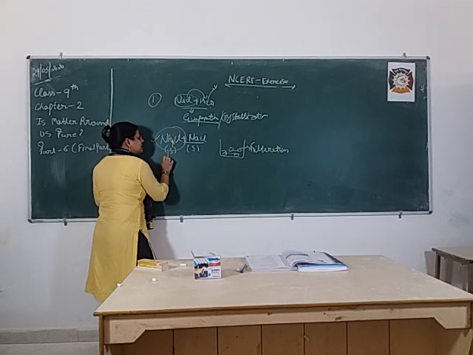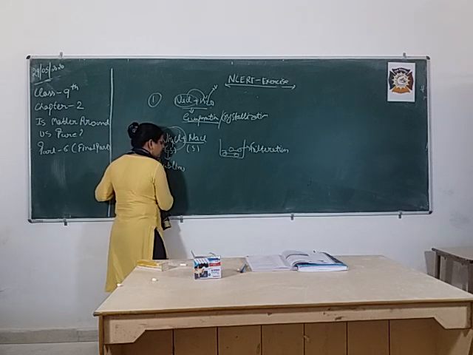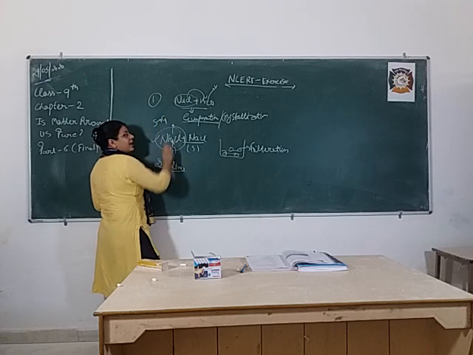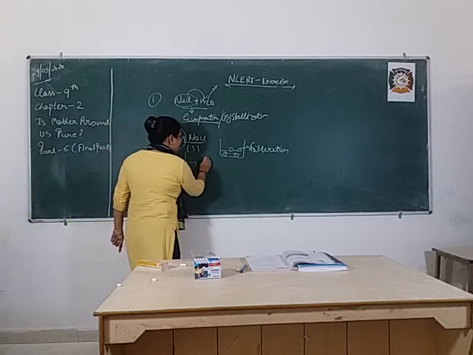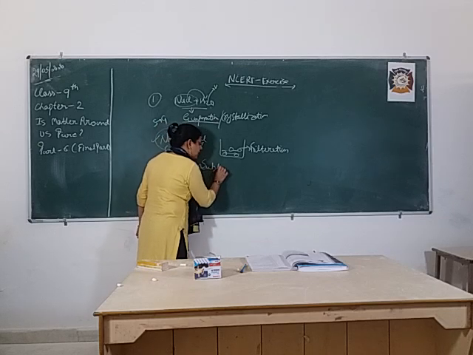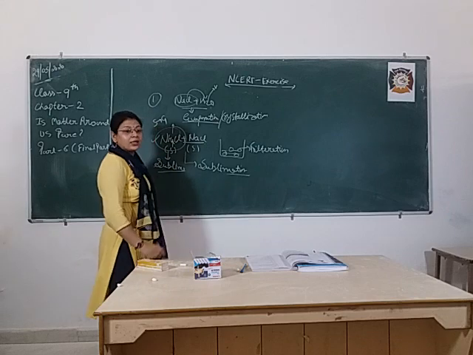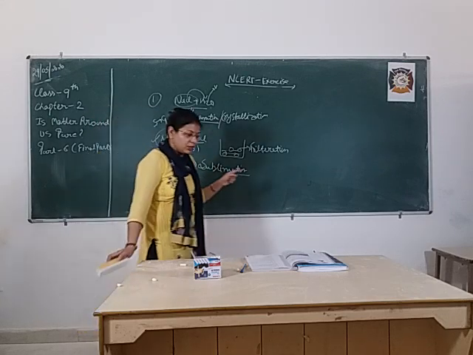Remember, ammonium chloride is sublime in nature, that means it converts directly from solid to gaseous phase. So the process name is sublimation. With the help of sublimation, we can easily separate ammonium chloride and NaCl.